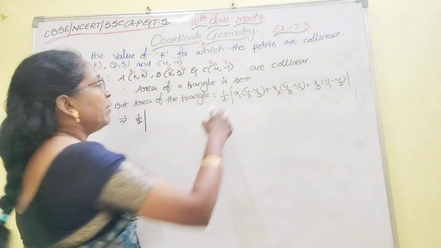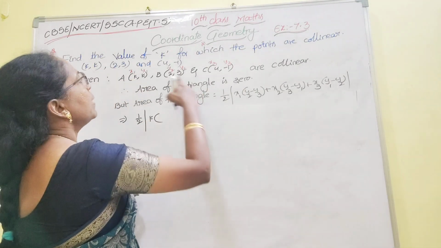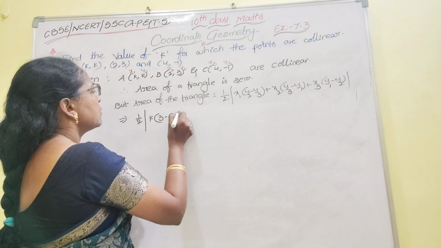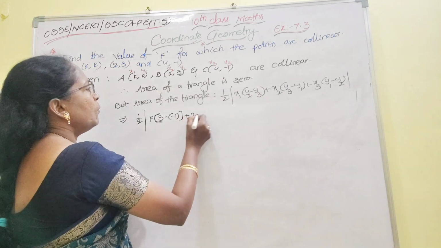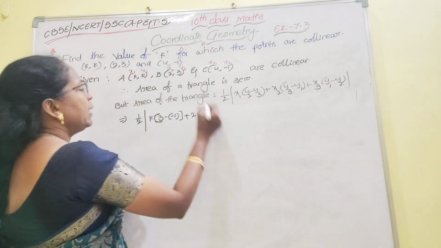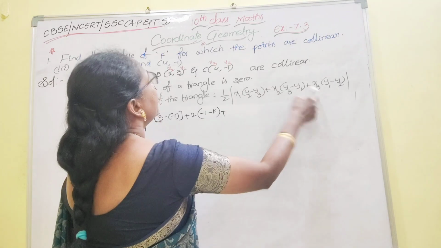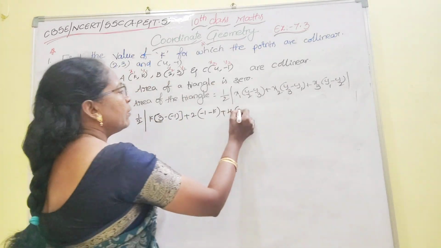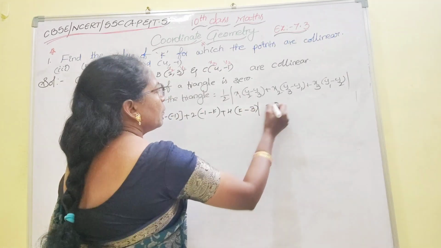Half into, where x1 equals k, into (y2 minus y3), y2 equals 3 minus y3 equals minus of minus 1, plus x2, where x2 equals 2, into (y3 minus y1), where y3 equals minus 1 and y1 equals k, so minus k, plus x3 equals 4 into (y1 minus y2), where y1 equals k minus y2 equals 3, equals 0.